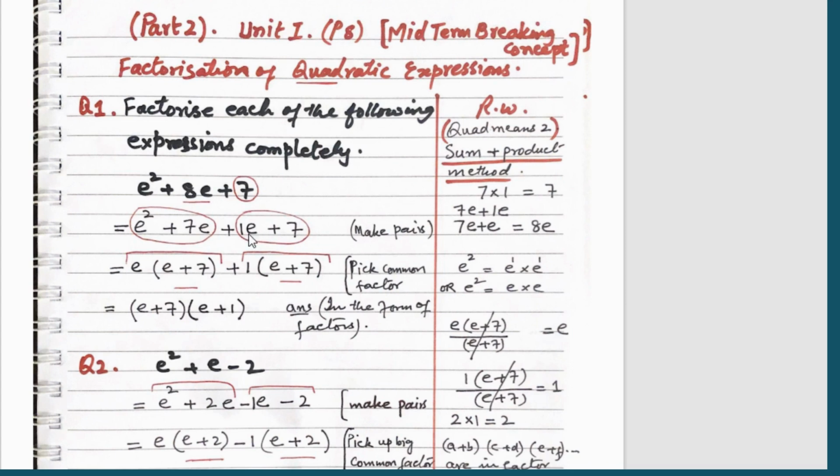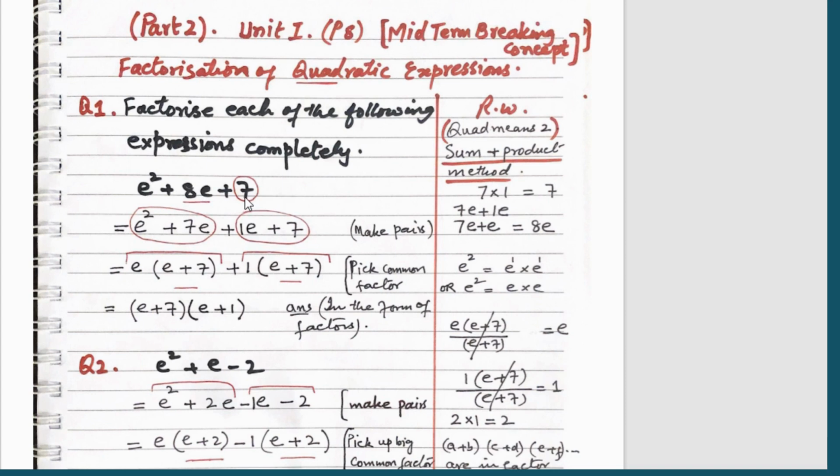Got it? Suppose I have used another name of 8e, and another form or name of 8e is 7e plus 1e, because 7e plus 1e also means 8e. So this is the appropriate breakdown of 8e to solve such questions. Now in the next step, what did I do over here?